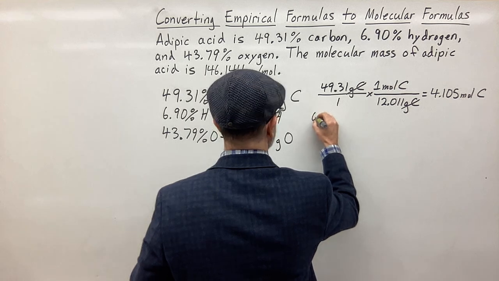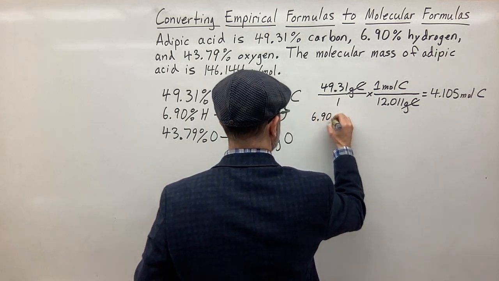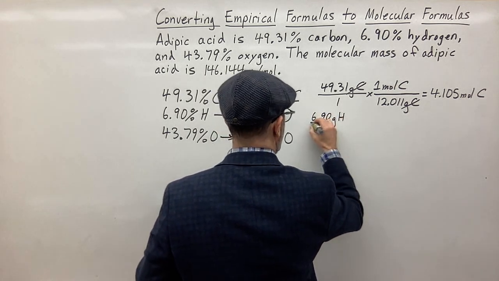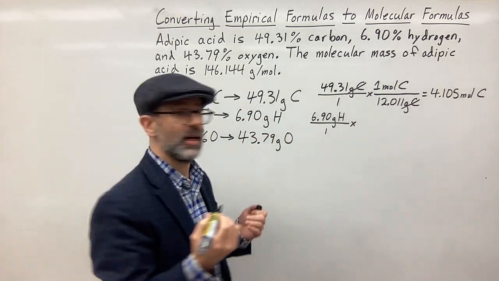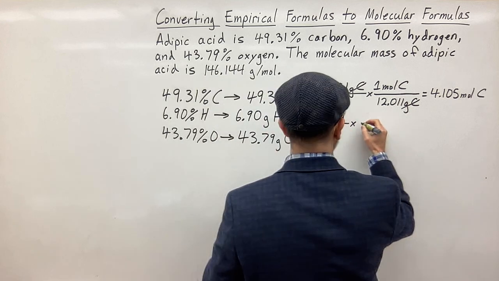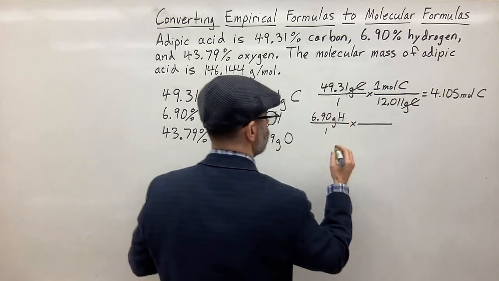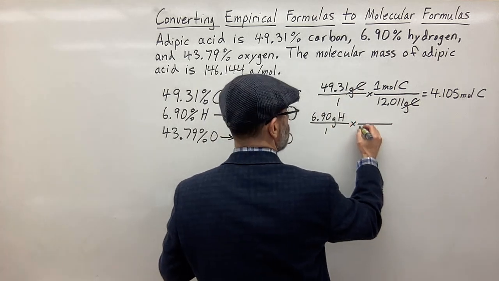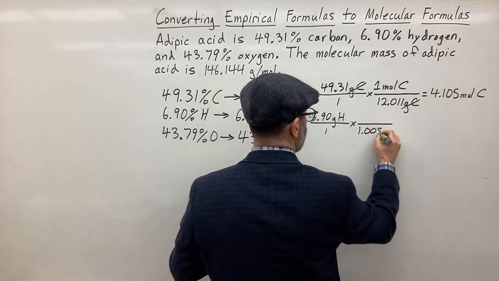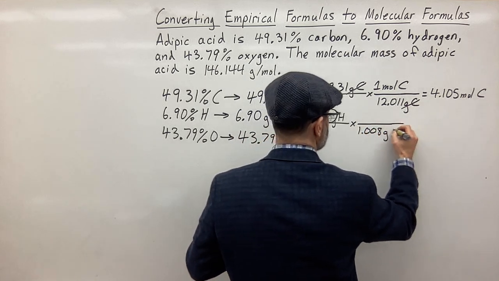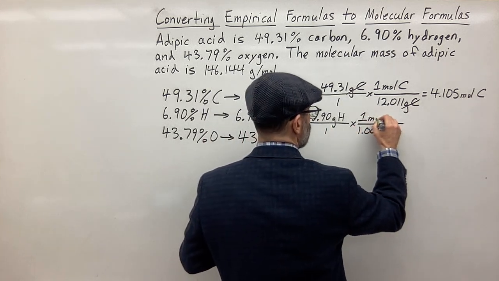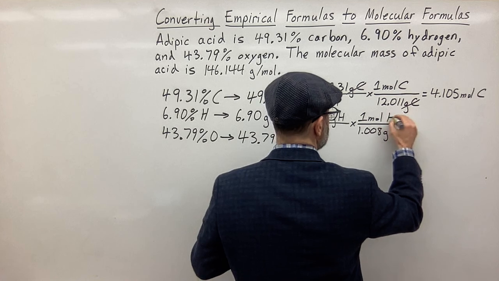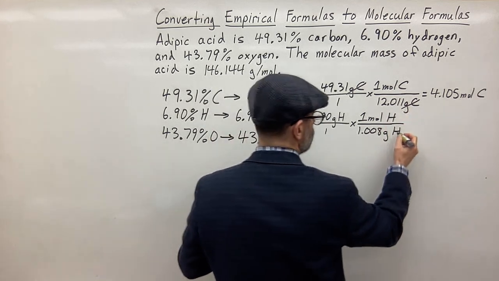And then I do the same thing with my hydrogen. So I have 6.90 grams of hydrogen. And here I'm going to multiply by the conversion factor of its molar mass. So I'm going to put 1.008 grams of hydrogen on the bottom and 1 mole of hydrogen on top.